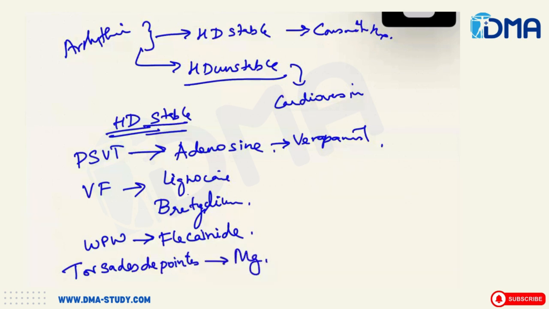So these are the anti-arrhythmic agents that you have to know. The other thing you have to know in this cardiac section is the diuretics. They have a kidney and a CVS role, and we'll discuss them here itself. High efficacy loop diuretics.